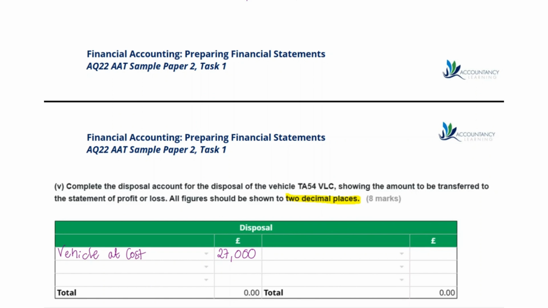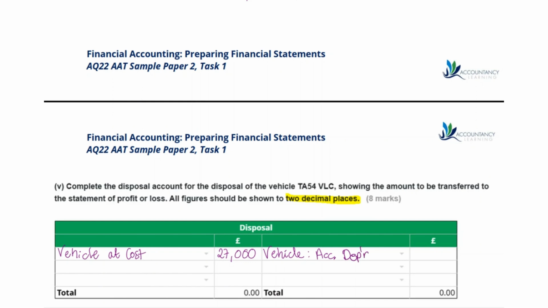We now need to take out the accumulated depreciation that has built on that van. So that would be sitting as a credit in the accumulated depreciation account. So we would debit accumulated depreciation and credit disposal. So there's where our double entry is going to be.